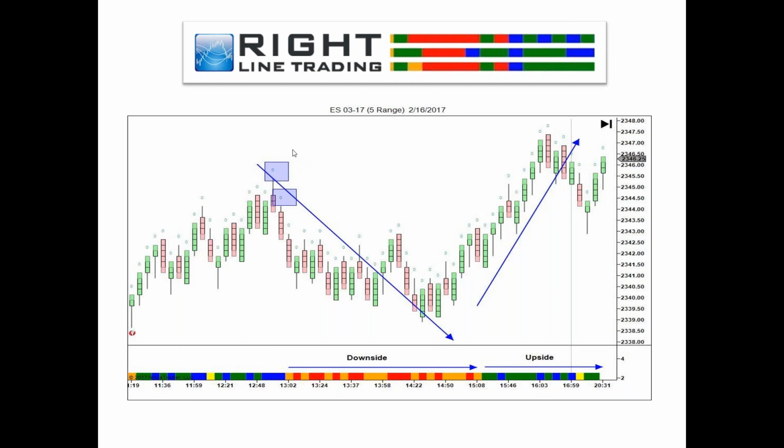Now, if you look right here, this is the E-mini, and this is also true on stocks, and it's also true on the Forex. And here is the 3rd line of the 3 line, the order flow line.